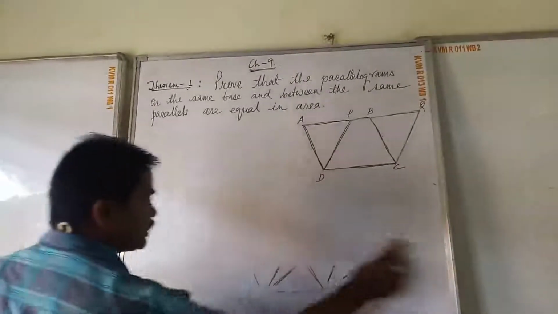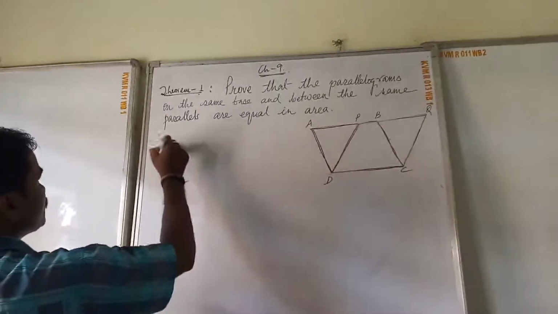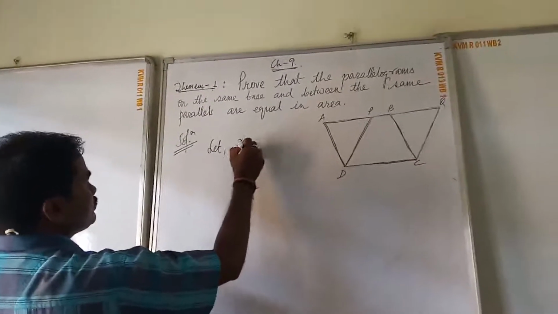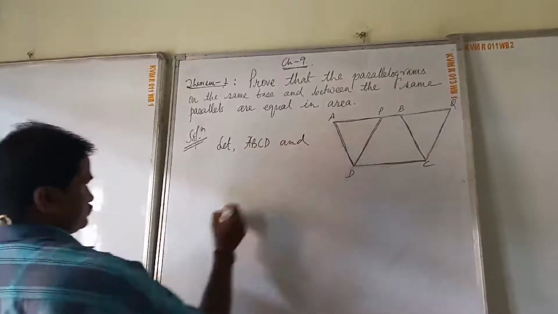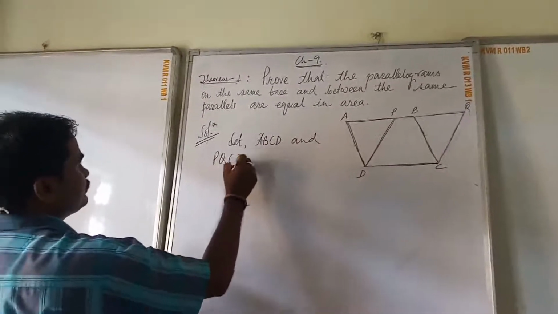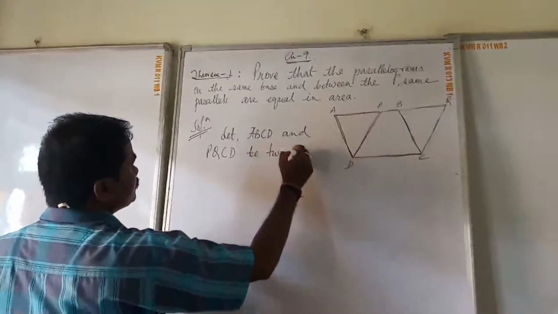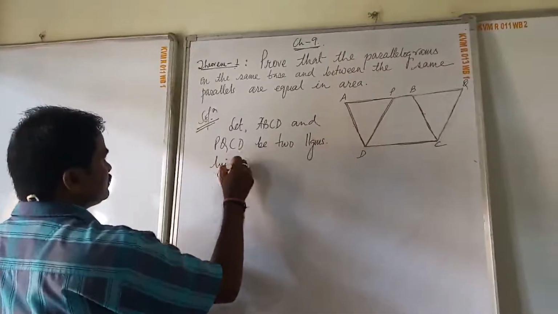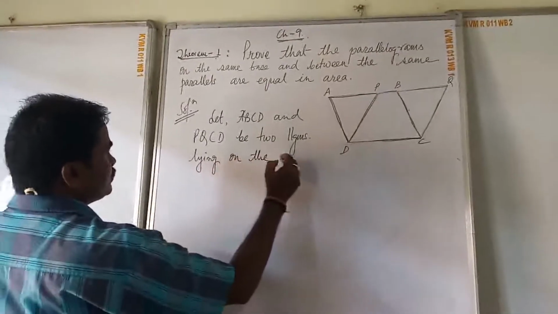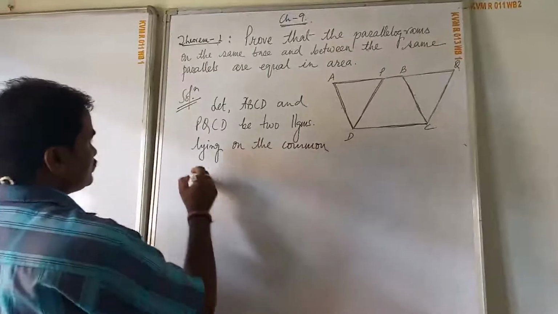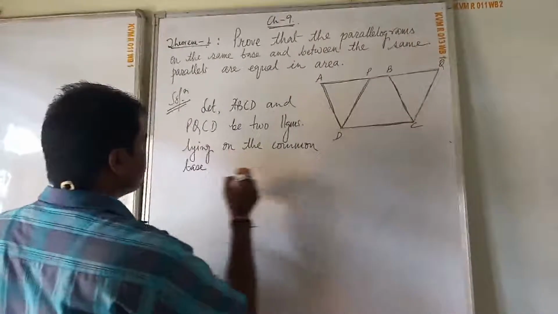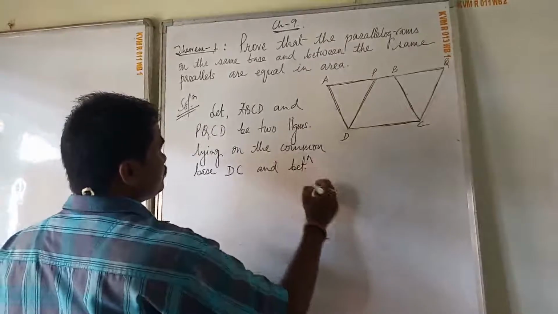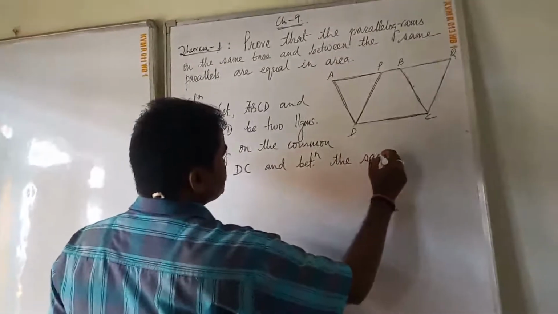So we can write like this. Solution: let ABCD and PQCD be two parallelograms lying on the common base DC and between the same parallels.